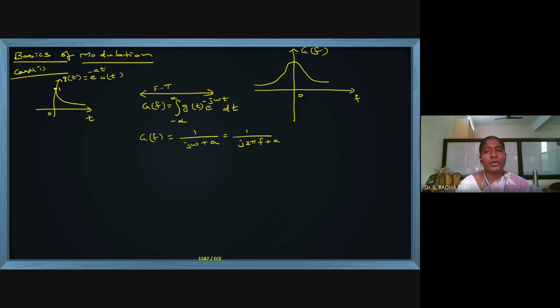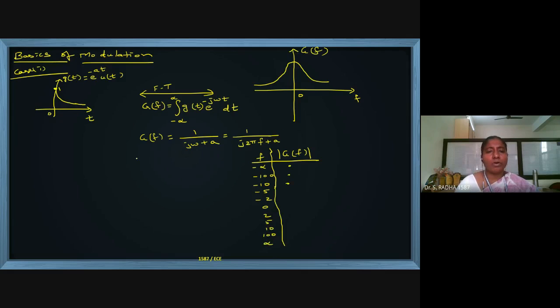You have to prepare a tabular column: the magnitude of g of f, and the phase angle of g of f. For frequency, you give minus infinity, minus 100, minus 10, minus 5, minus 2, then 0, plus 2, plus 5, plus 10, plus 100, and plus infinity. Then you will get some values.